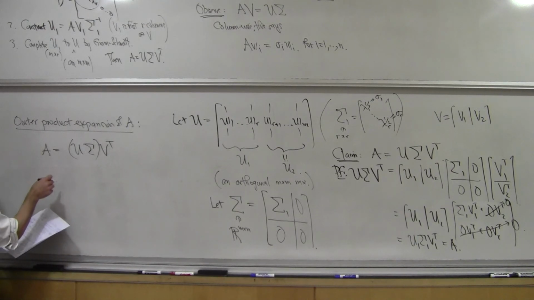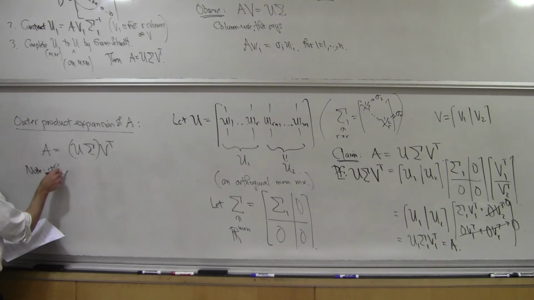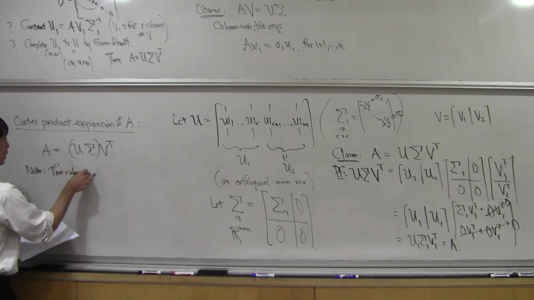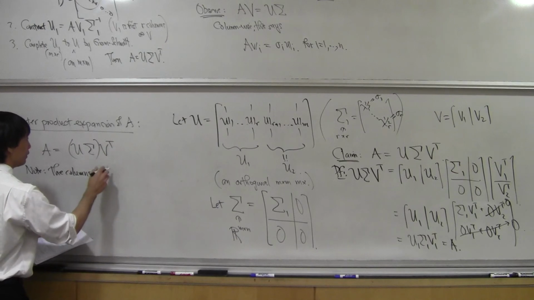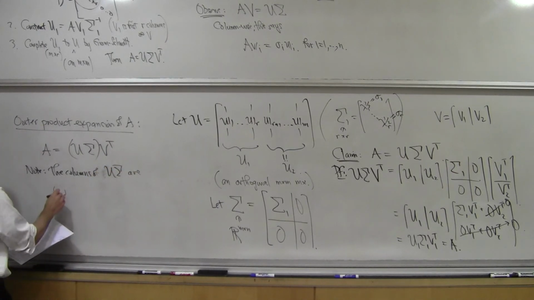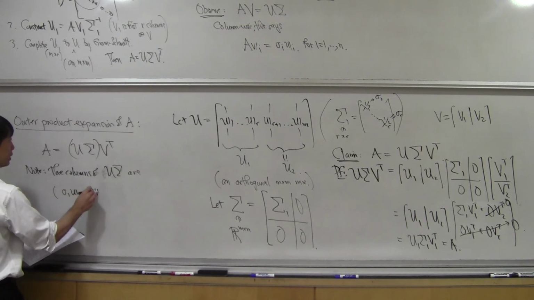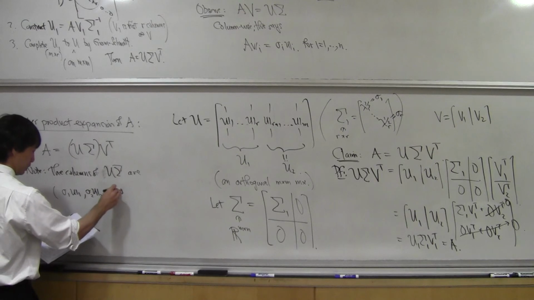Now, note the columns of A, the columns of U sigma are sigma 1 U1, sigma 2 U2, sigma n Un.